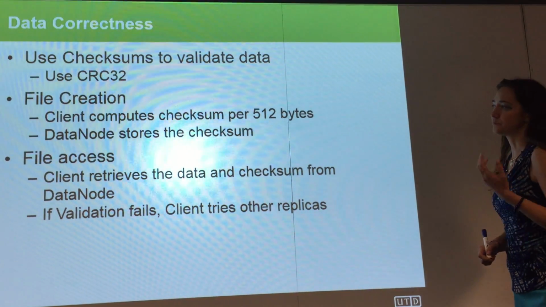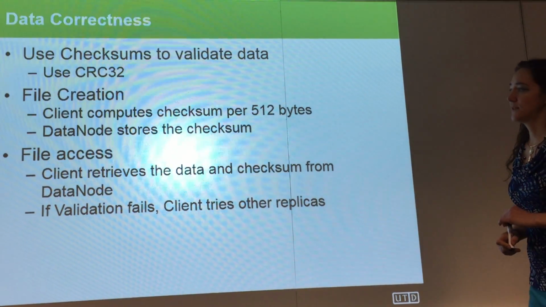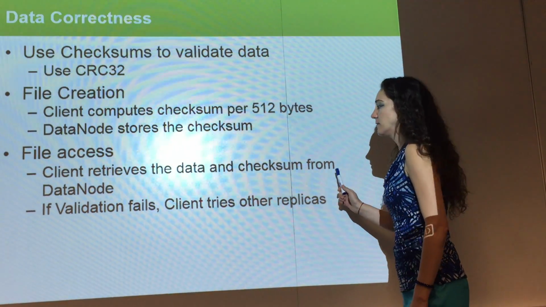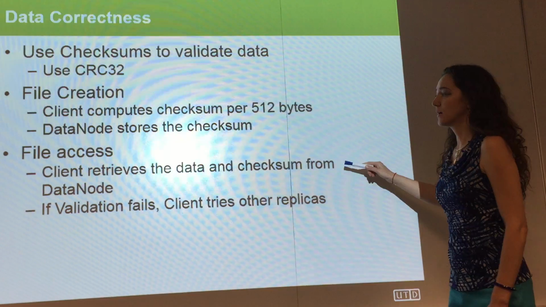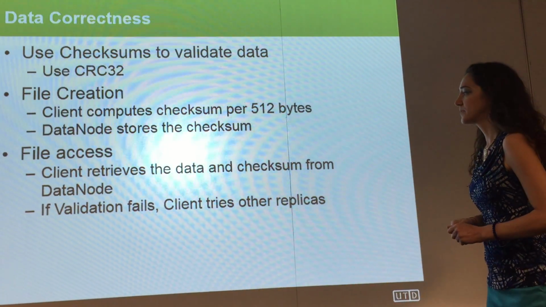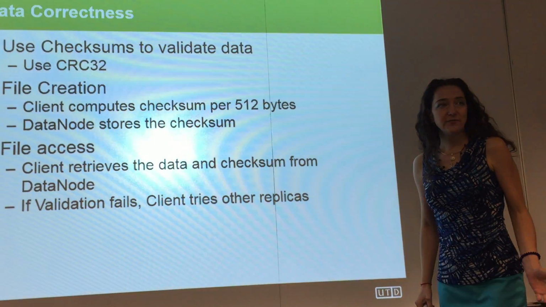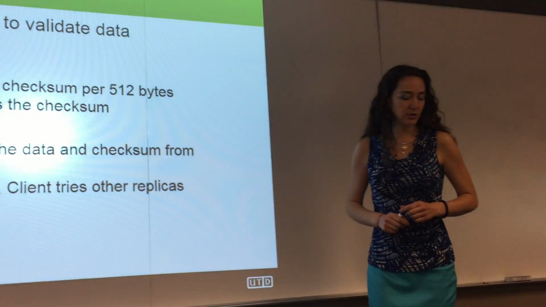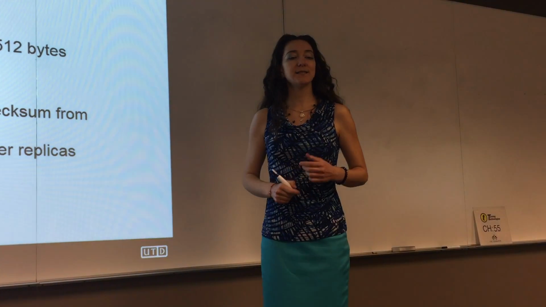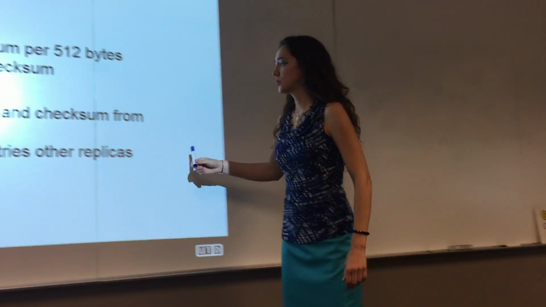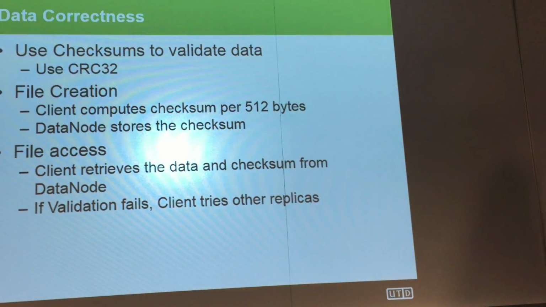Then when the file is accessed and the client retrieves the data, it computes the checksum and compares it against the stored one. If the data is incorrect, if it has been damaged in transit or otherwise has errors in it, then the client tries to obtain the other copies of the data.